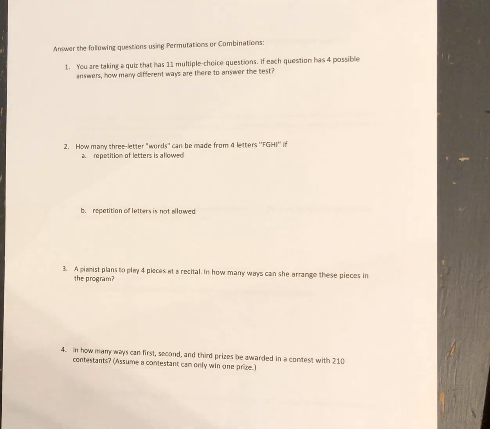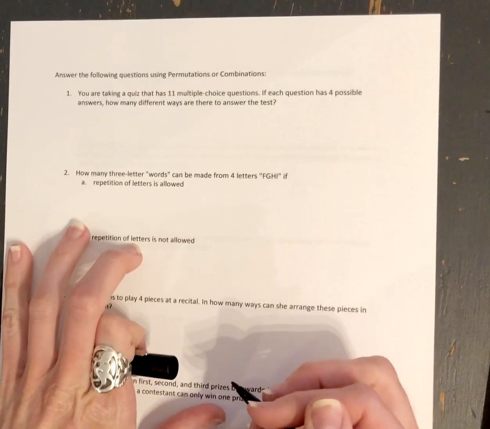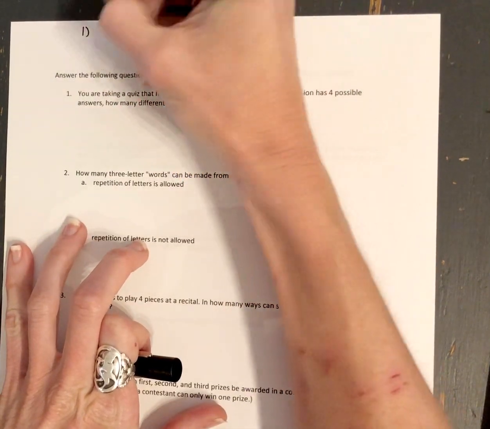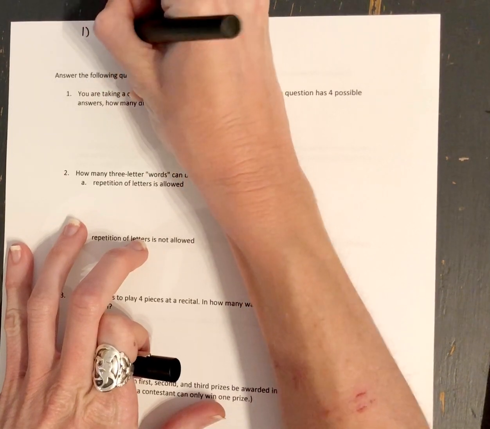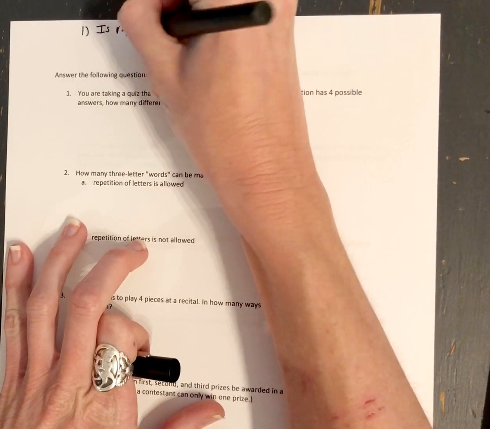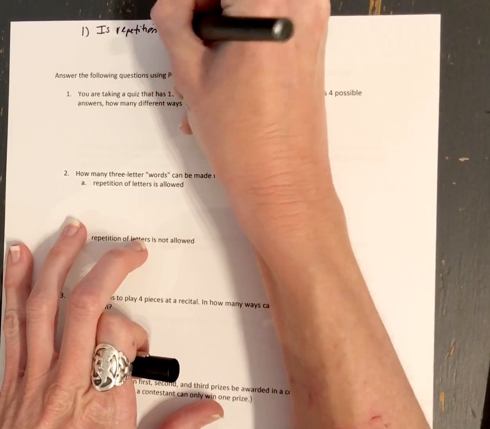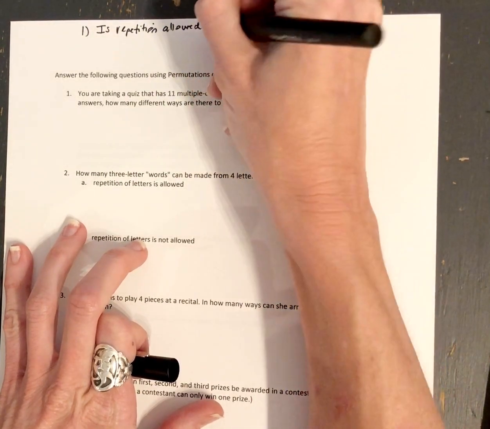So the first thing that I always recommend here is that you ask yourself whether or not repetition is allowed. So I'm going to just put up here, number 1, is repetition allowed?